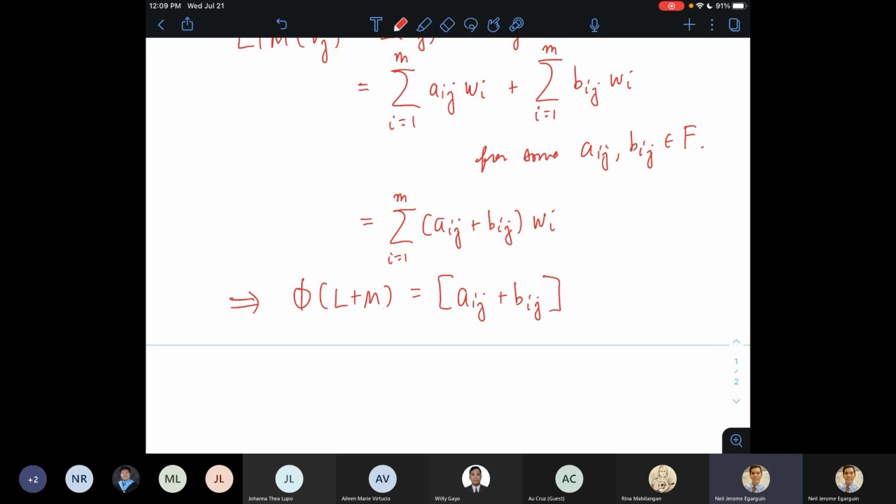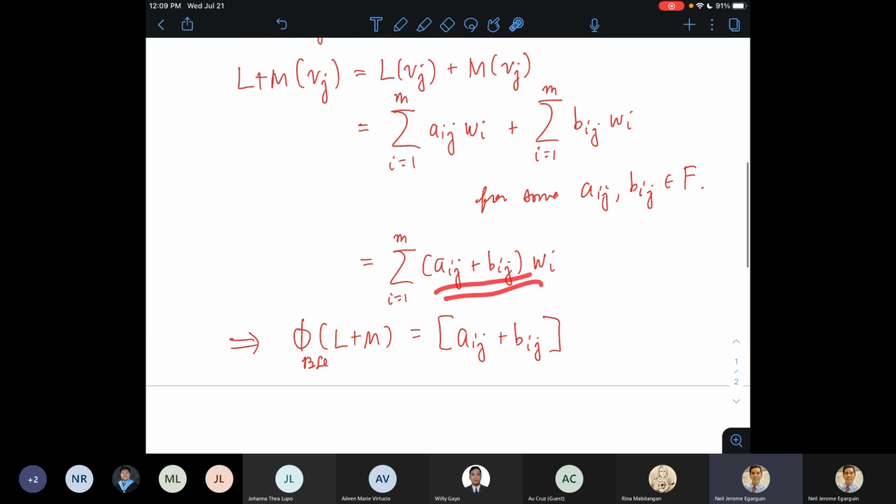right? Because remember, phi of a linear transformation is just the bunch of coordinates we see here, okay? And in this case, we see that indeed the coefficients for L plus M of Vj is equal to the sum of Aij and Bij. So the matrix representation for the sum of L and M is equal to this guy, right?